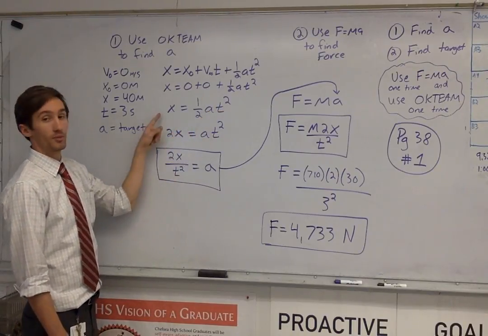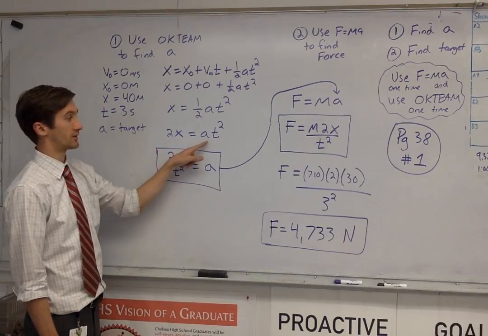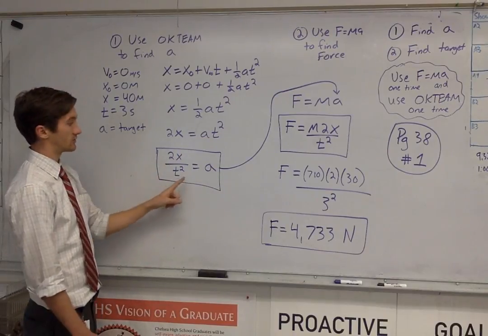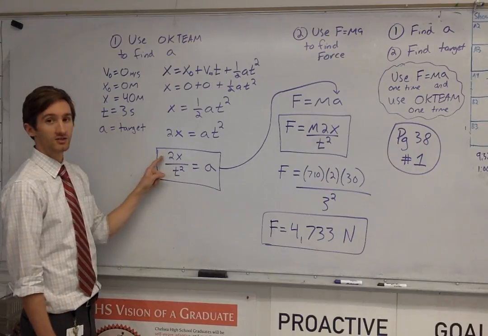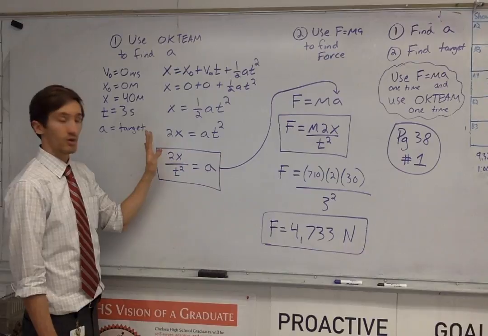I then multiply both sides by 2. I get 2x equals acceleration multiplied by time squared, and I divide by time squared to get acceleration equals 2x over t squared. I'm then done with part 1.